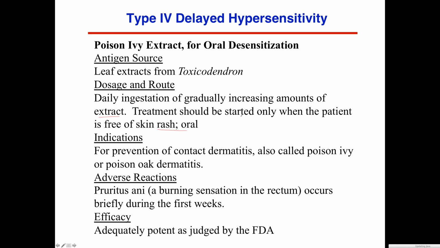What you're doing here is building up antibodies. Antibodies can be built up to the allergen with time, and those antibodies can block the effects of the allergen if they're ingested. I think my favorite side effect here is pruritus ani, which is a burning sensation in the rectum, which occurs briefly during the first weeks of this kind of strategy, which might prevent you from wanting to do this unless you really needed to.